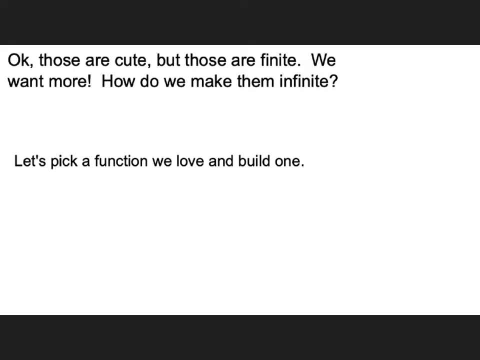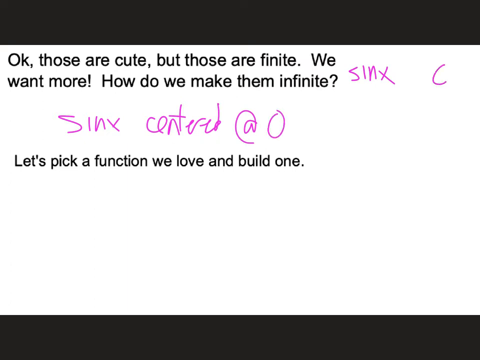So let's pick a function we love and build one. I'm going to pick the sine. So let's suppose we have sine x centered at 0. So sine x at 0 is 0. Derivative is cosine x, and cosine of 0 is 1.